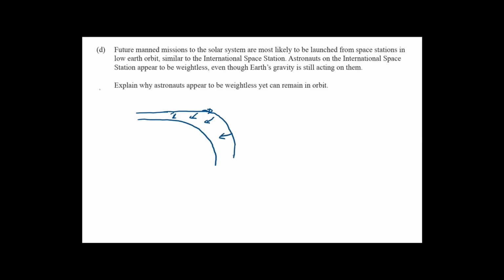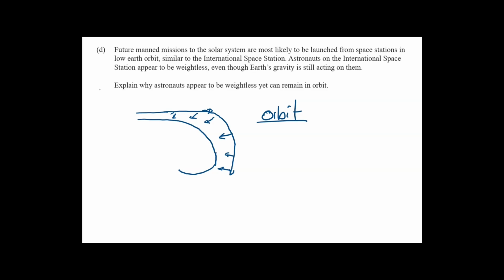And as long as you are going that way at the same rate that you're being pulled towards Earth, and the Earth is forever curving down away from you, you're technically in an orbit. That's what orbit is. You're falling towards the Earth, but the Earth is kind of falling away from you in a way. You have to be moving sideways across the Earth and in line with gravity.